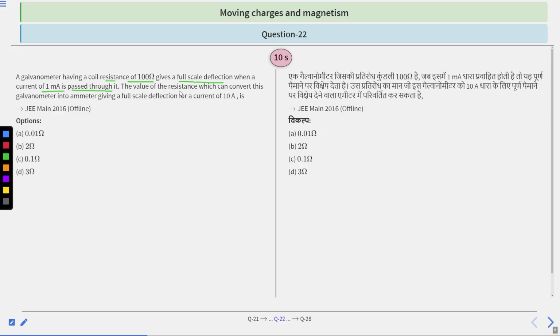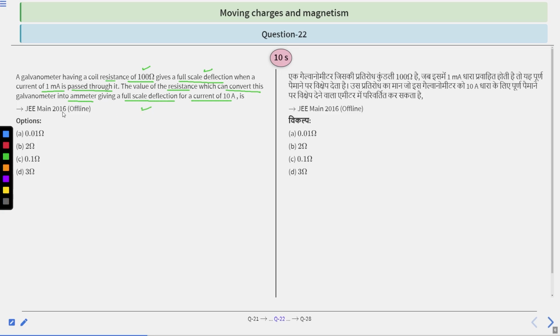The question asks about the value of resistance which can convert this galvanometer into an ammeter, giving a full scale deflection for a current of 10 ampere.